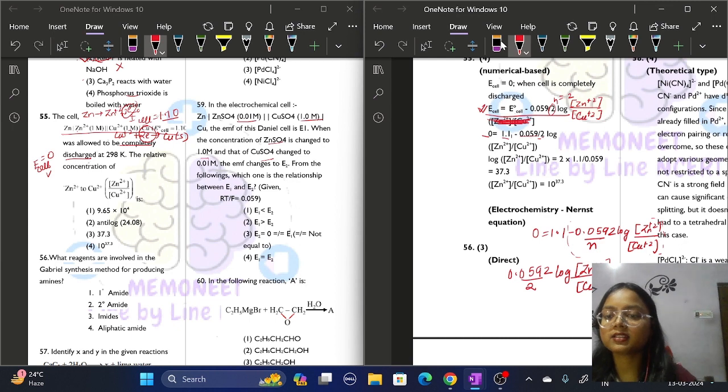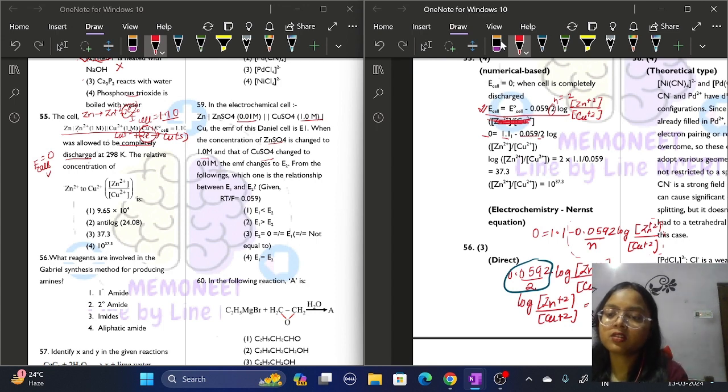So let's transfer this to the right side now. So log of the Zn plus 2 by Cu plus 2 concentration equals 1.1 into 2 by 0.059.